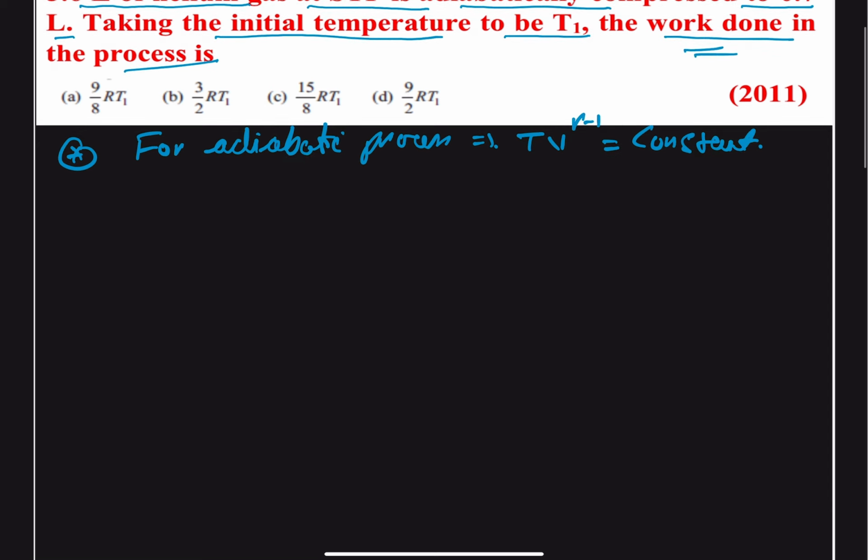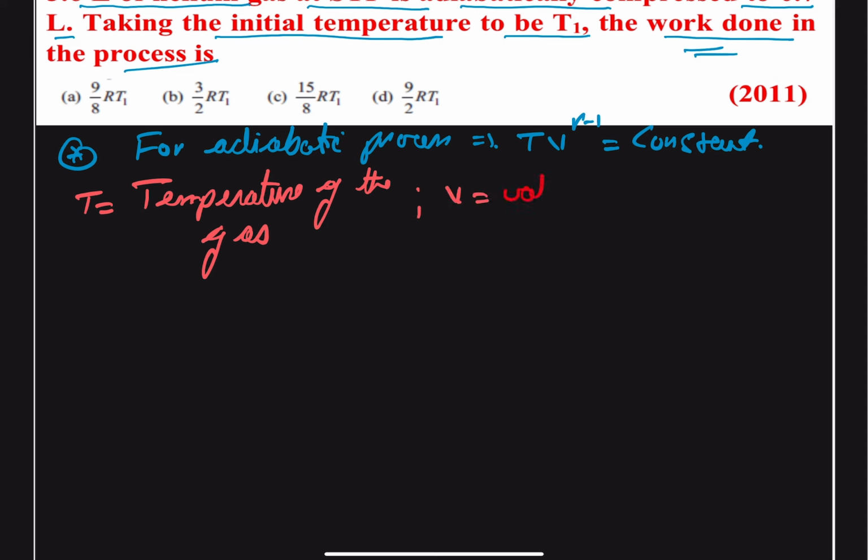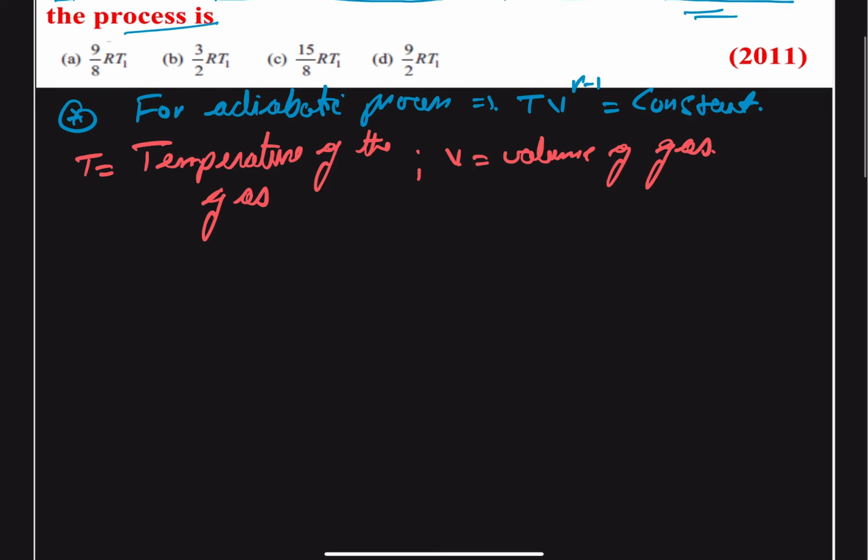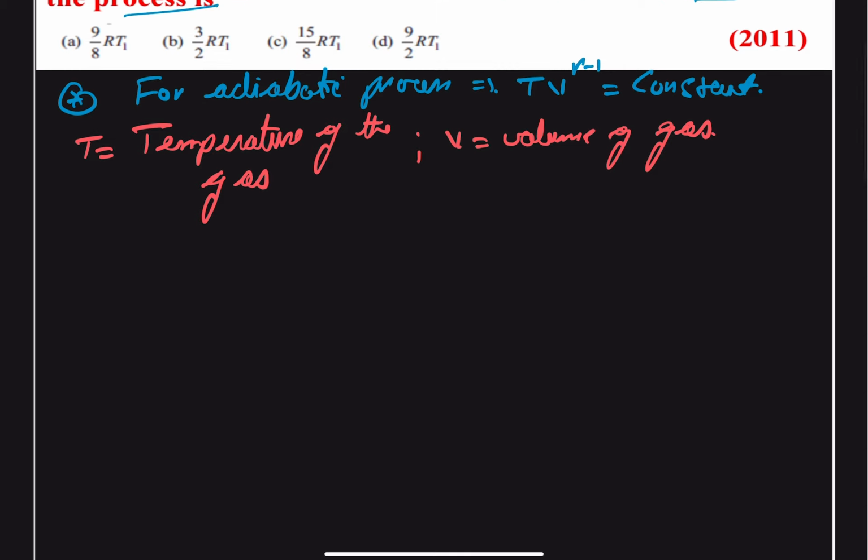Here T is the temperature of the gas, and V is the volume of the gas. Gamma is the adiabatic index, which is given as the ratio of Cp by Cv.